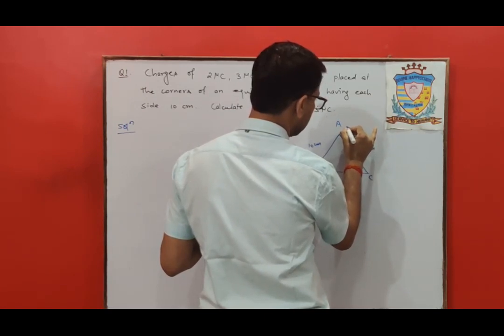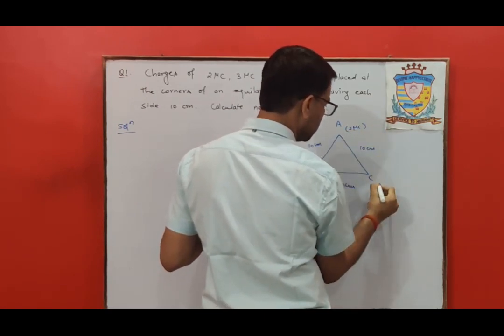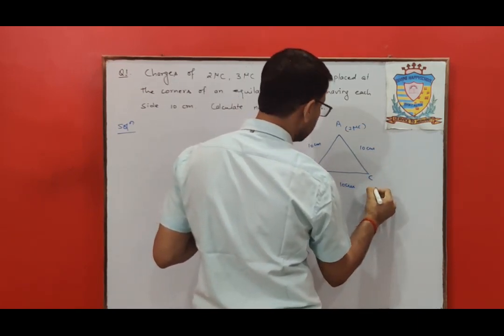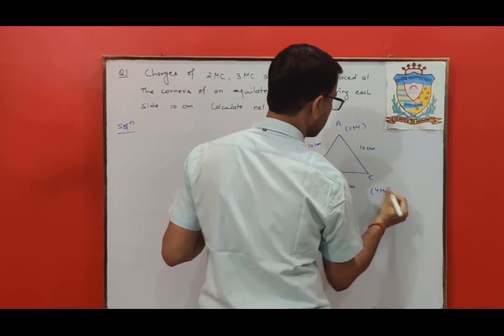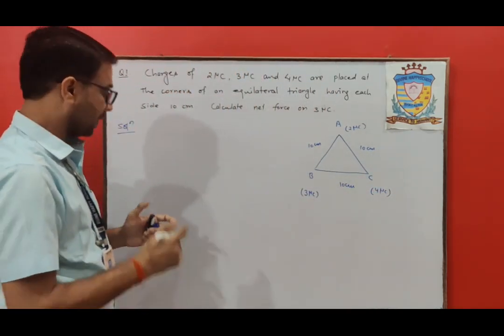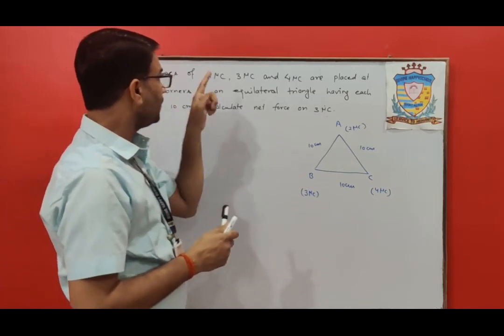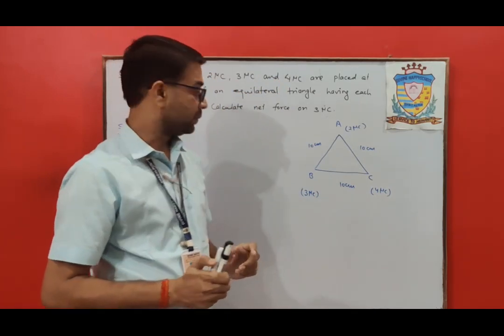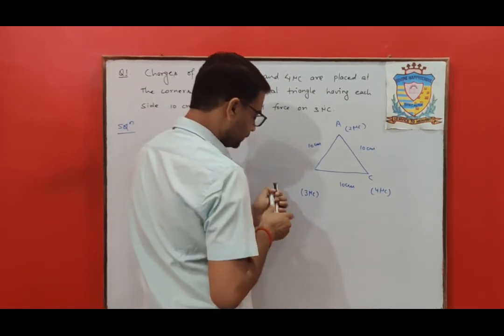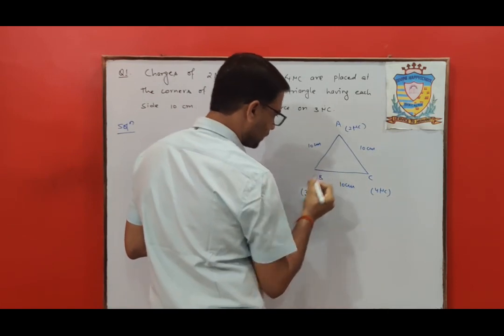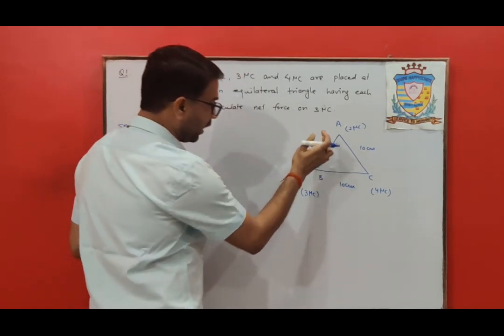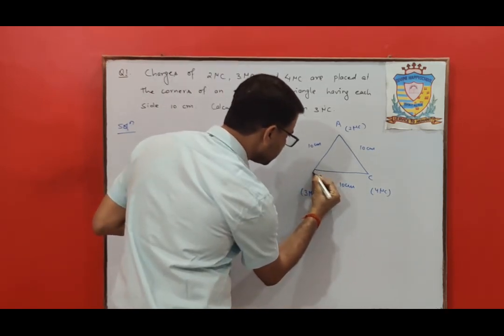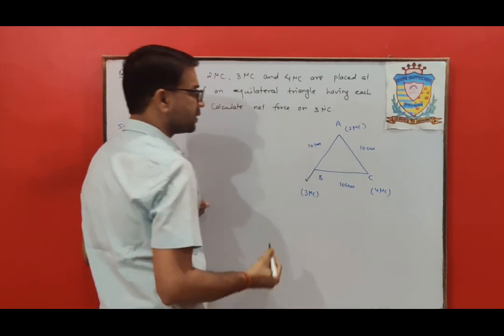So let A having the charge 2 microcoulomb, B having the charge 3 microcoulomb and C having the charge 4 microcoulomb. Okay, here you can see all charges are positive in nature. That means they will repel each other. That means at B, A will repel B in the direction like this.